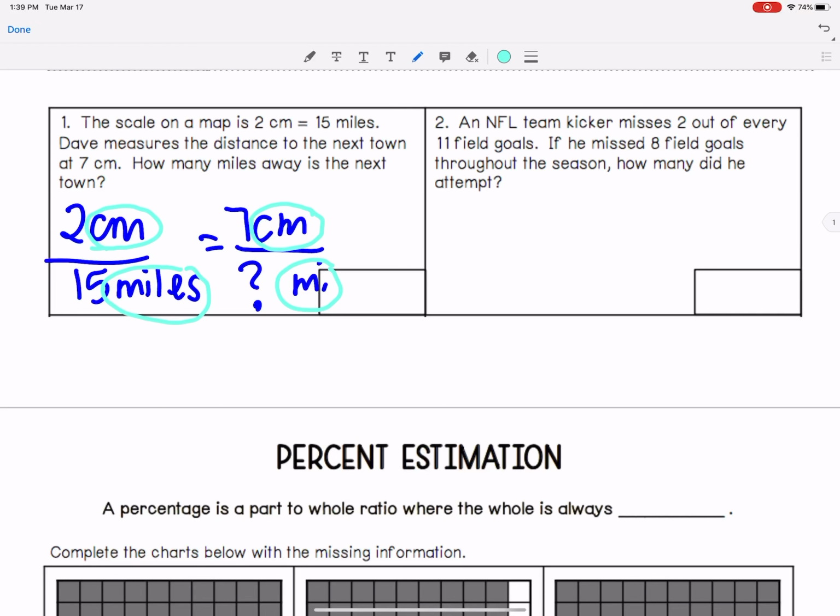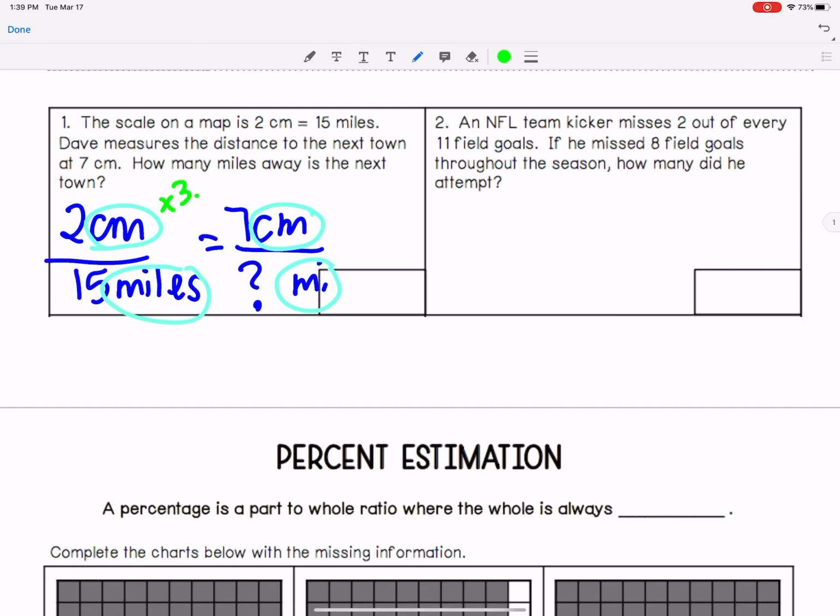Okay, so as a class, we have talked about so many different ways to solve proportions. I'll give you the shortcut that we've talked about with cross multiplication, but I'm also going to show you another way that our classes have talked about. The first one is you could say, what did I do to go from 2 centimeters to 7 centimeters? So what we could do is 7 divided by 2, and I got 3.5. So what I know here is that I'm multiplying my numbers by 3.5.